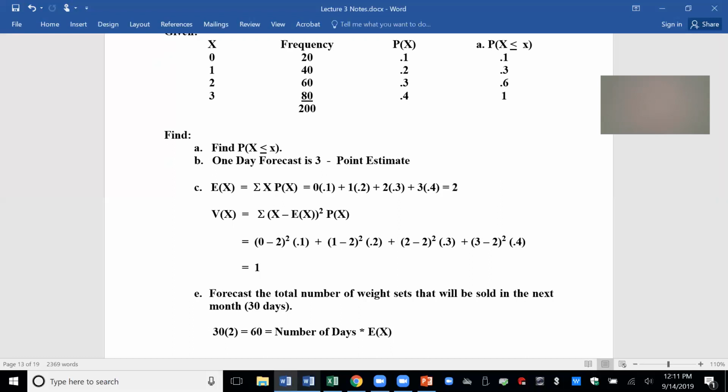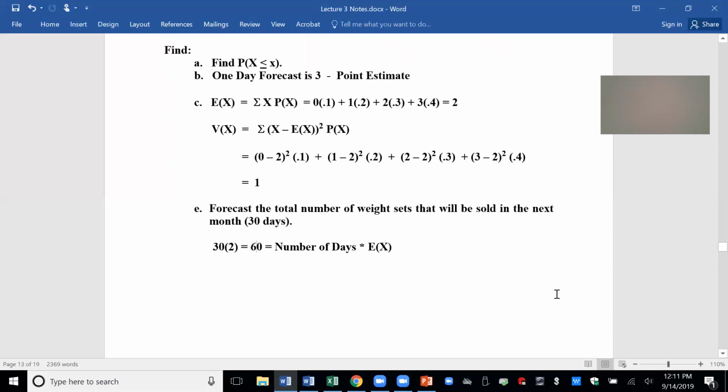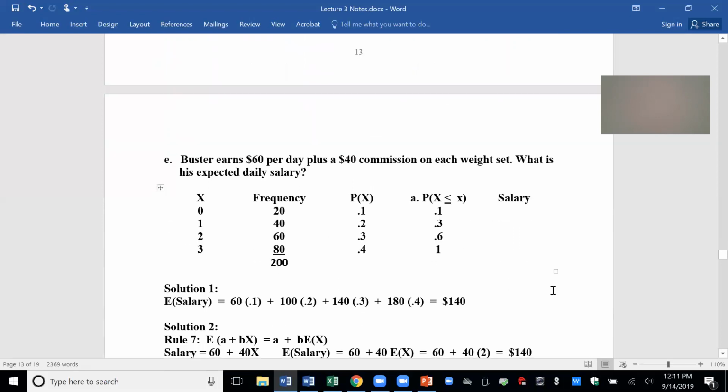I think we're going to have demand of 60 over the 30-day period. So when we have multiple days and we want to forecast those, then we will take the expected value of our random variable and multiply by the number of days we're forecasting.